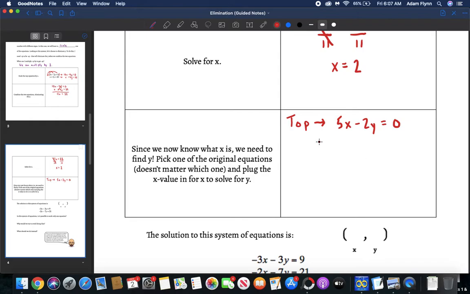Okay, I'm going to plug in 2 for x. Five times two is going to be 10. I can subtract 10 on both sides.